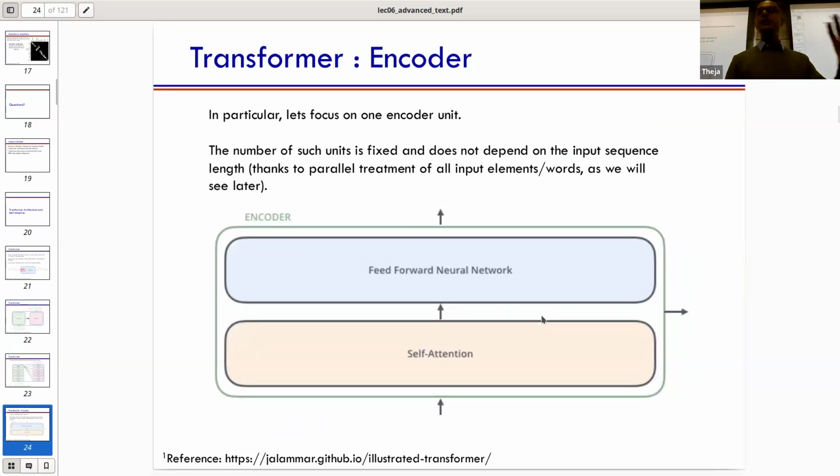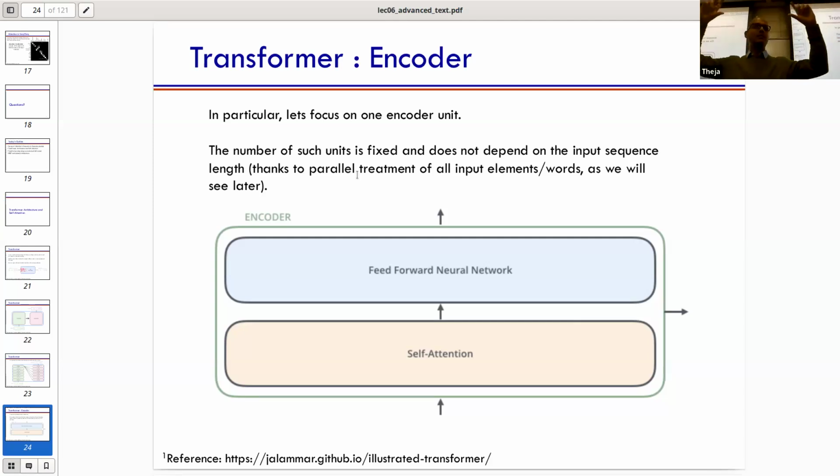So now we're going to zoom into that one green block. All 6 green blocks are the same, so let's look at one of them. The key element of this transformer architecture is that there's parallel treatment of all input elements. For the next few slides, we're going to focus on the first encoder block, mostly because at the first encoder block, the inputs are the words themselves.